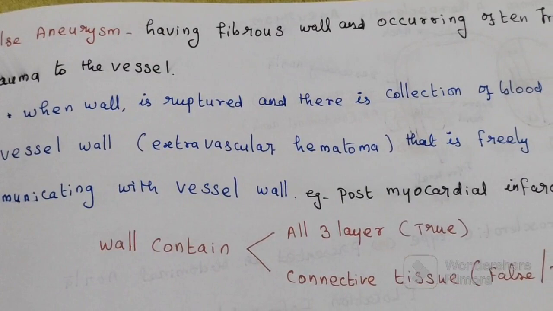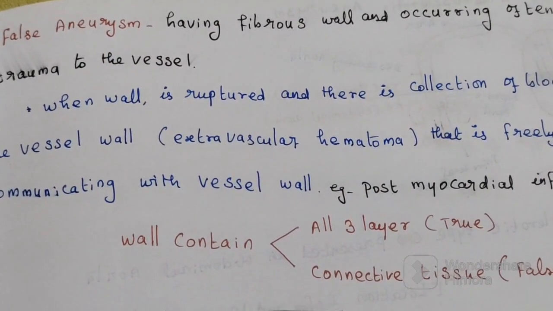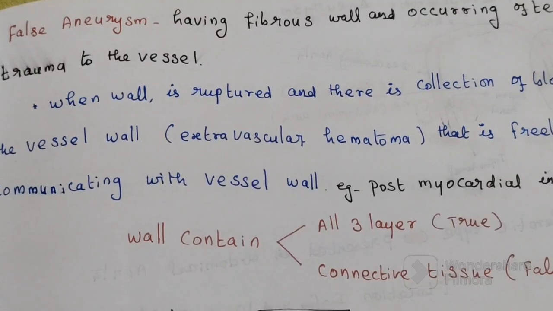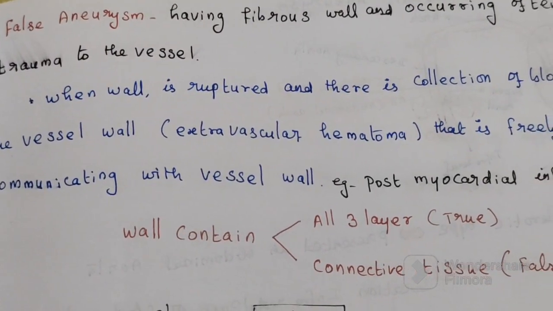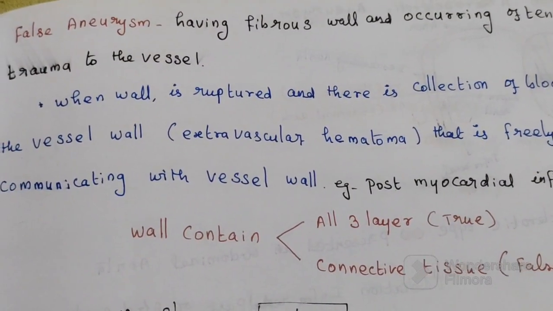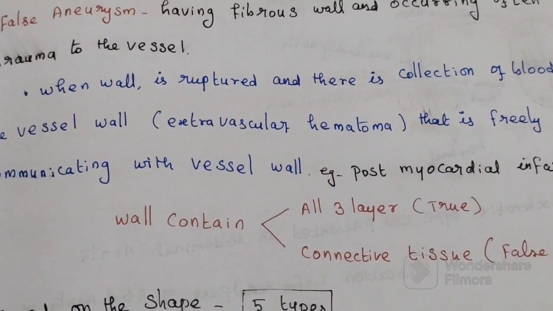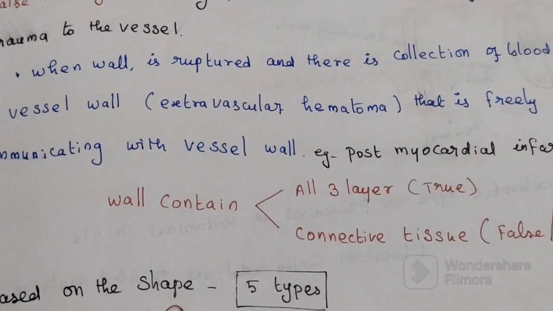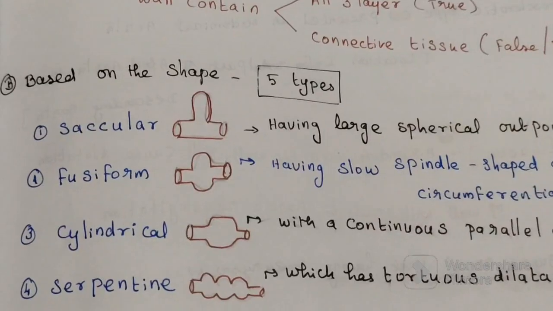As a result, the blood vessel wall is ruptured and blood is collected, lined by connective tissue. That is based on the composition of the wall. A wall containing 3 layers is called a true aneurysm. A wall containing connective tissue is called a false or pseudo aneurysm.